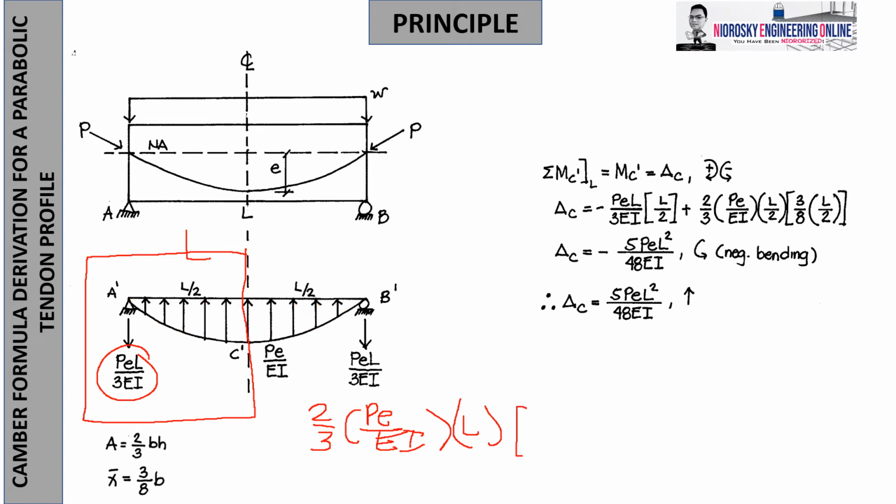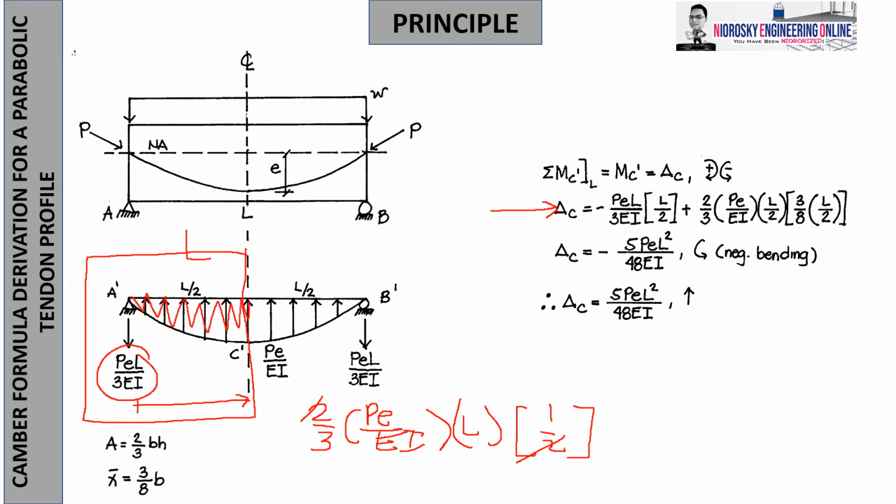And then take 1/2 kasi symmetrical yung load natin. So therefore, you will get that PEL over 3EI, no, by cancellation of 2. So therefore, finally, as you go back to this equation, negative PEL over 3EI times L over 2, papupuntahin kasi dito, plus the area of this only, yan, no?